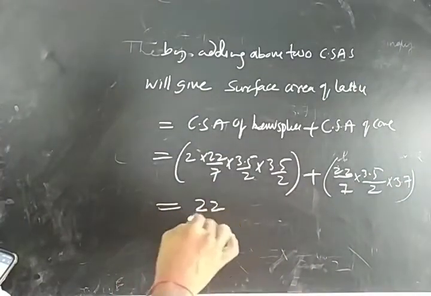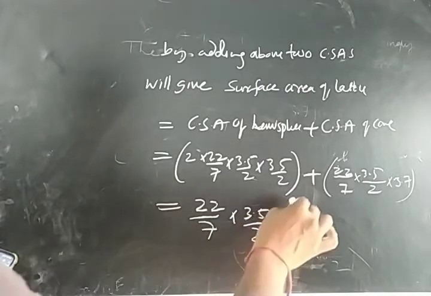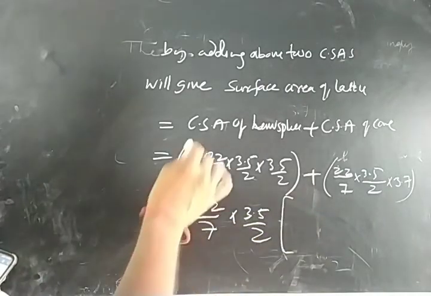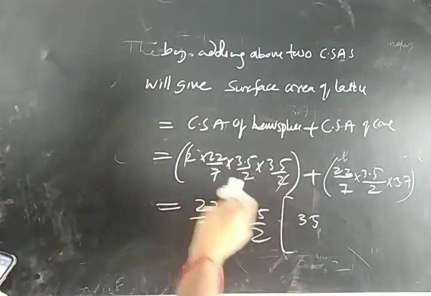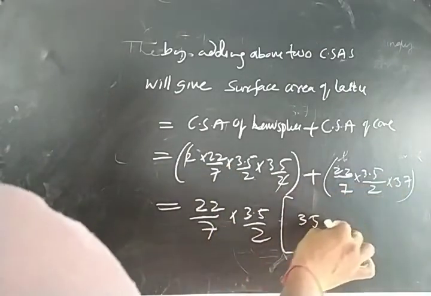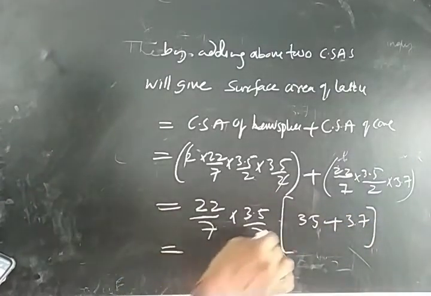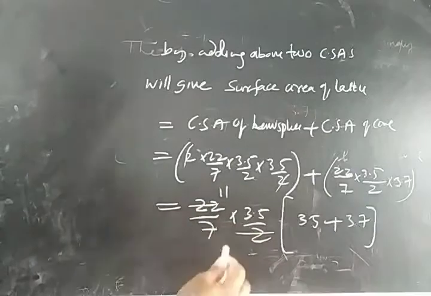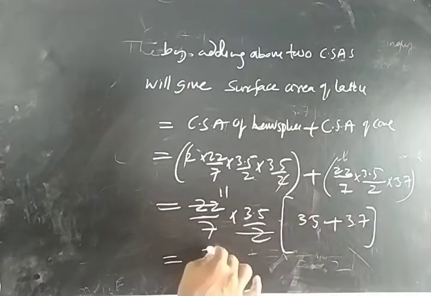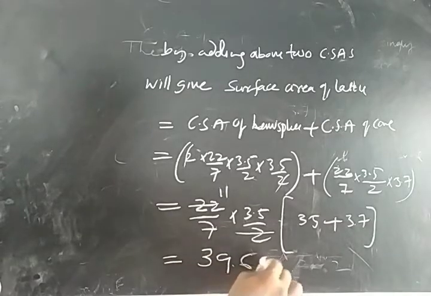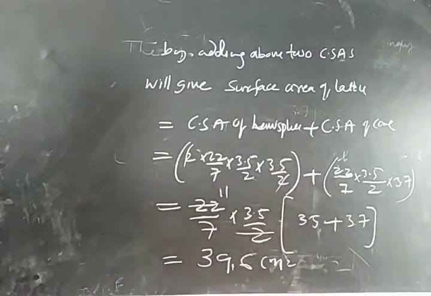By taking 22/7 and 3.5/2 common, the 2 cancels, and you get 22/7 into 3.5 into 3.7 approximately. By simplifying this, you will get approximately 39.6 centimeter square.